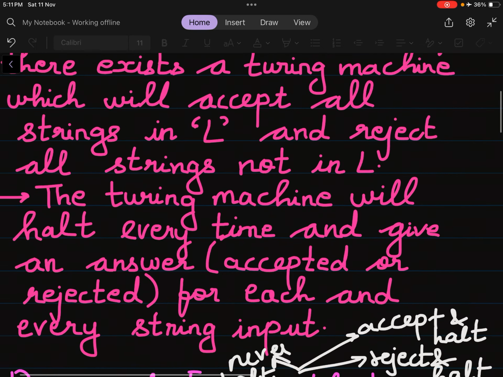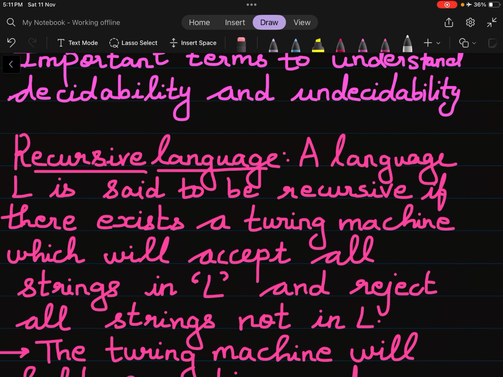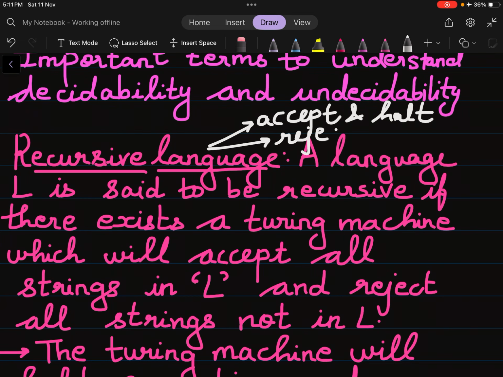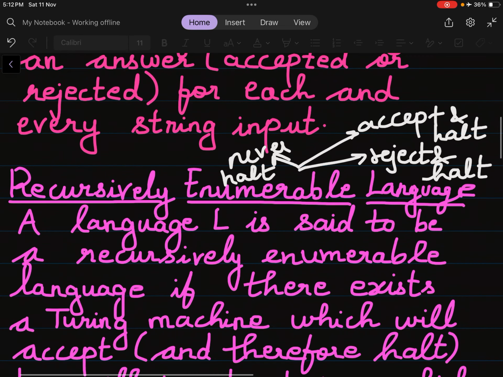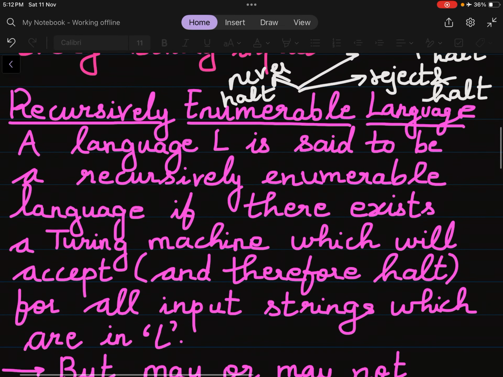Whereas for recursive languages you have to accept and halt, or reject but you have to halt. The never-halt condition does not come in recursive languages. The never-halt condition only comes in recursively enumerable languages.